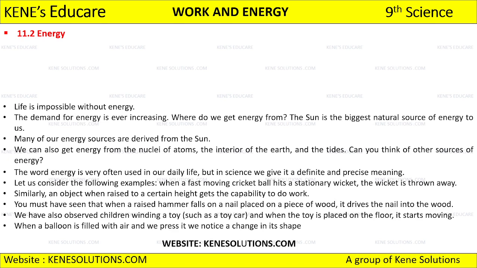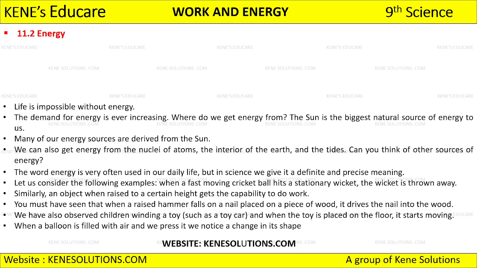When it comes to heat energy and light energy, we get this energy mostly from the sun, and the sun is considered to be the biggest natural source of energy to us. The sun is very important for us.